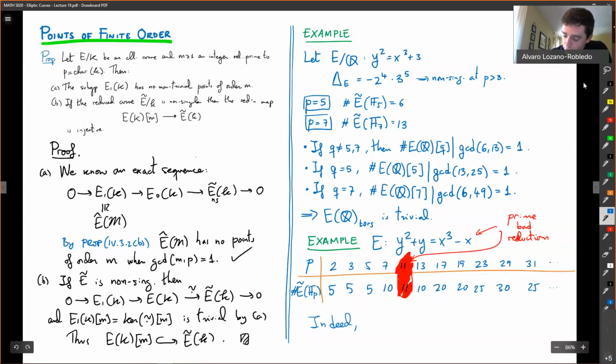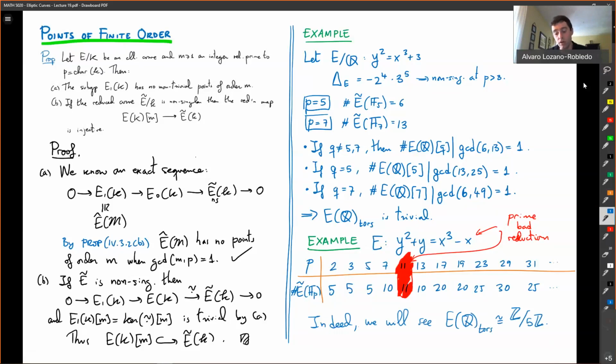We will see that for this particular elliptic curve over Q, there is a point of order 5, which is why the number of points modulo p for every prime of good reduction is a multiple of 5.